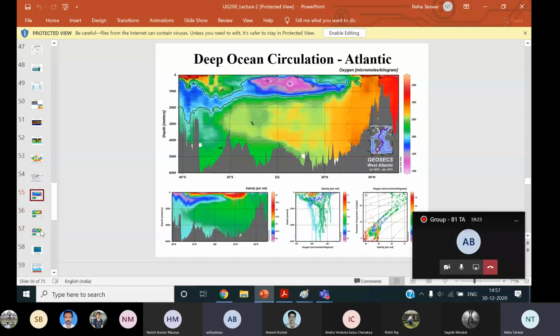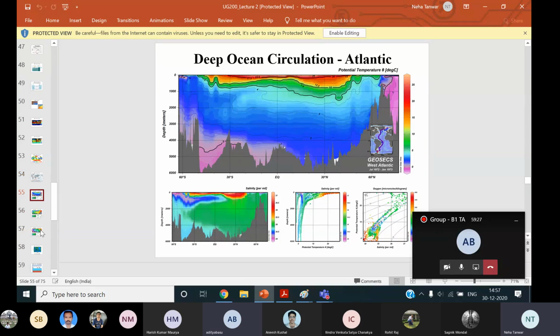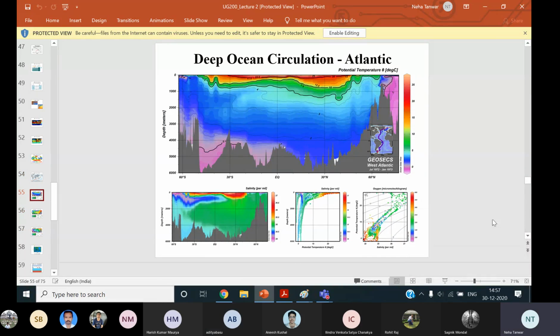The potential temperature plot? I don't think Sir touched the isotope. But what is your question? Which plot should I explain? Yeah, this temperature, potential temperature.